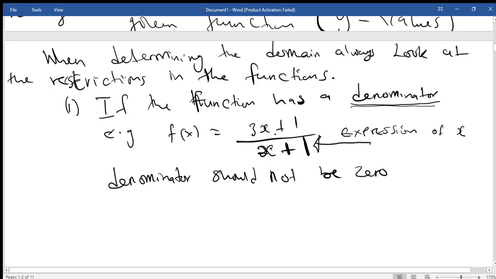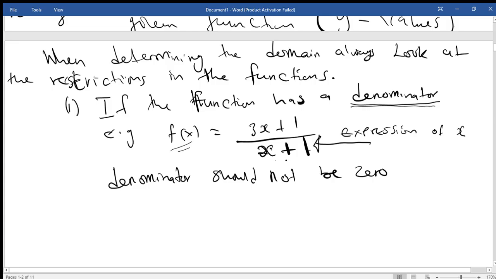Any value of x you can insert here, the numerator will be defined. But if the denominator becomes 0, this whole expression will become undefined. So that is why for this function f of x to make sense, our denominator must not be 0. So our focus will be on the denominator.